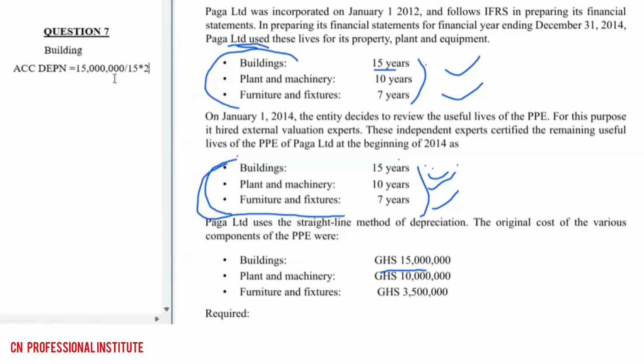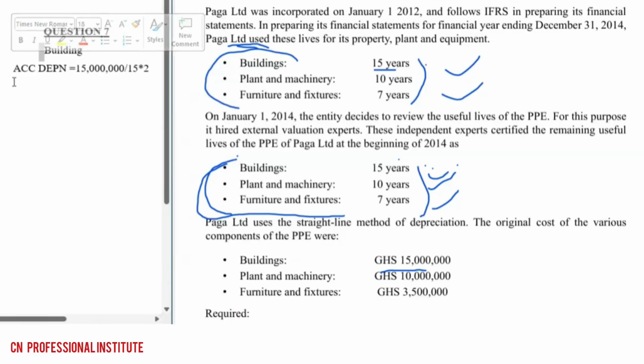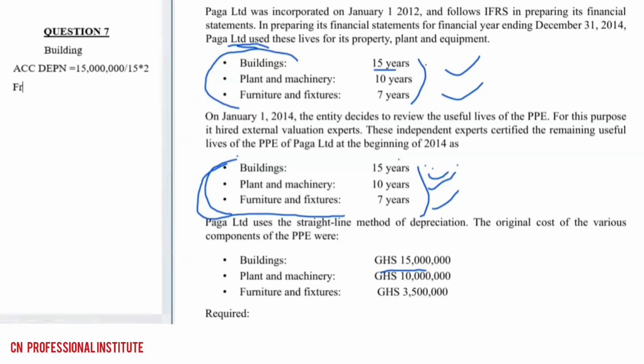This accumulated depreciation here is from 2012 to December 2013, and that's what will give us 2 million. So we have 2 million as accumulated depreciation for 2012 and 2013.